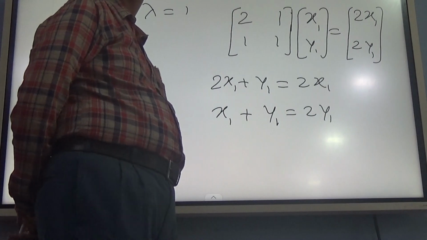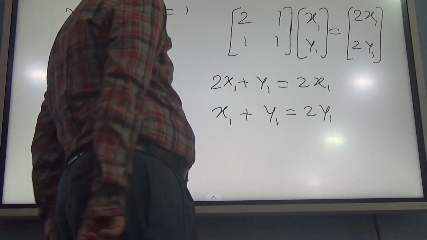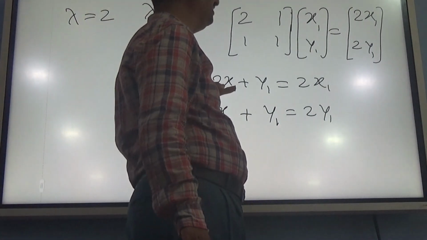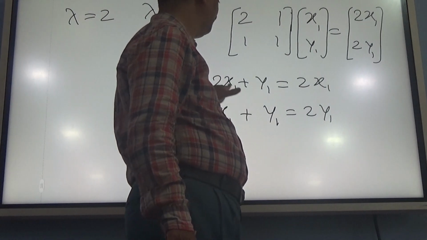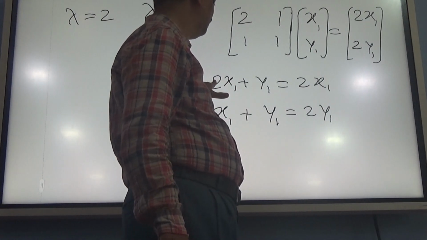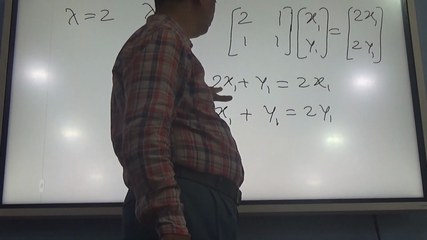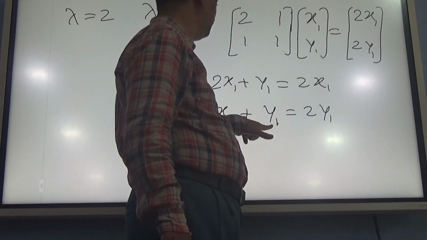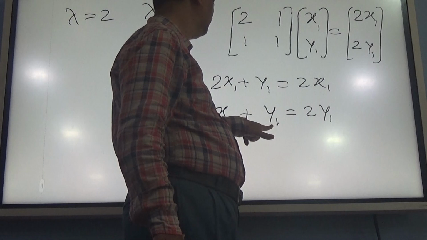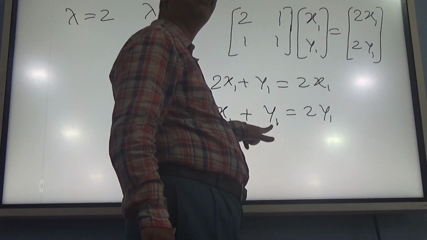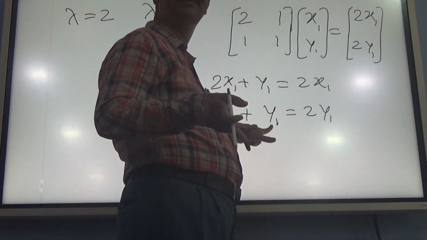Simple. Here y1 is 0. So we have put x1 is 0. Where are we ending? Trivial solution?